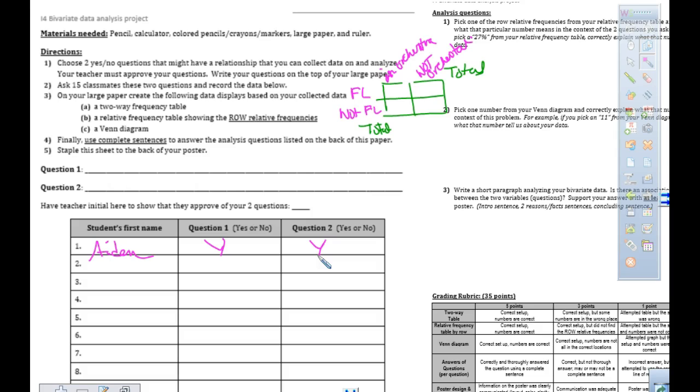After I do that, this is my first step, right? So once I've asked the question, this is my first step. Make a two-way table. This is my two-way table back here. Next thing I'm going to do, I am going to make a relative frequency, like the question you guys just asked. Was it 13 that we did relative frequency? Row and column.